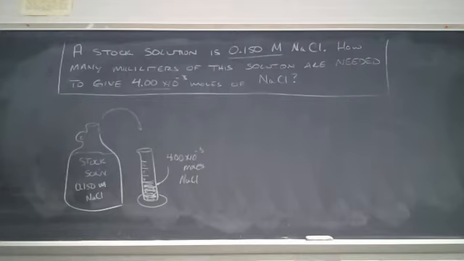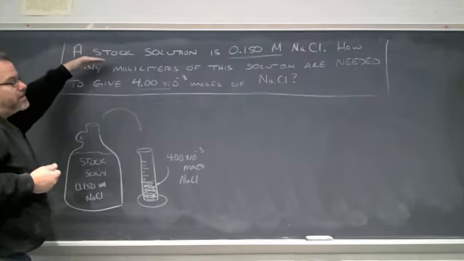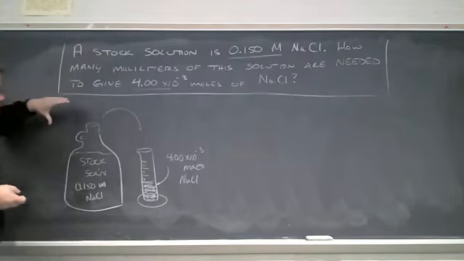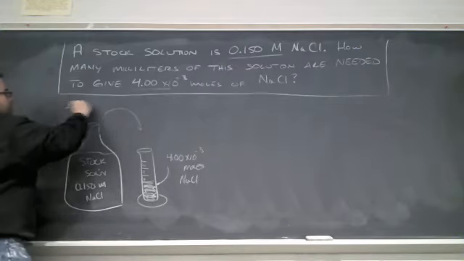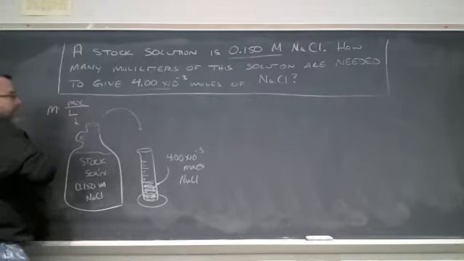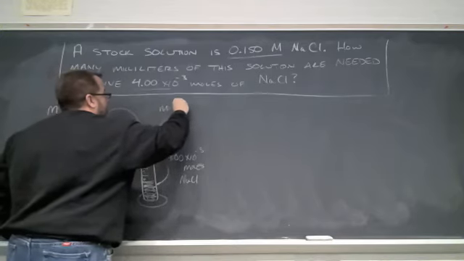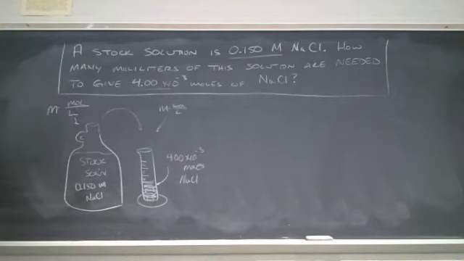Now, one way that we can approach this is by recognizing that because concentration is an intensive property and is therefore constant, the ratio of moles to liters here is going to be the same as it is here. Okay?